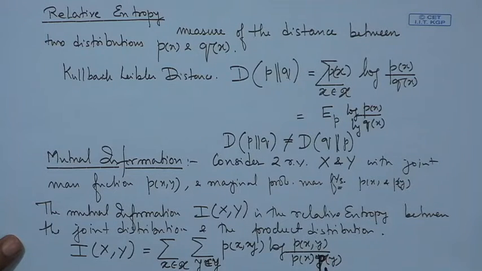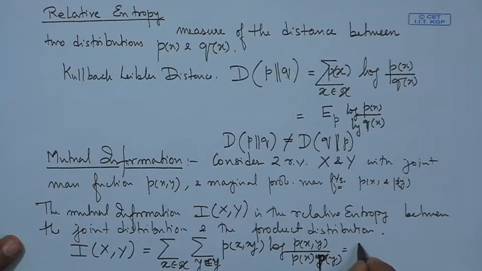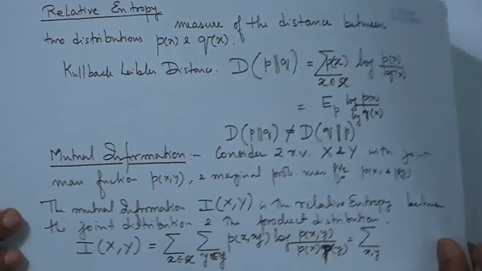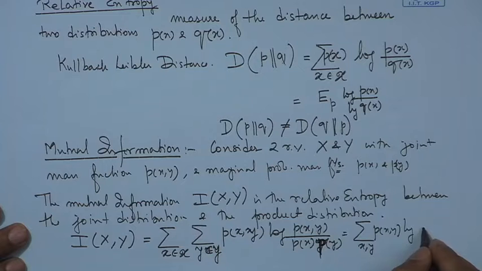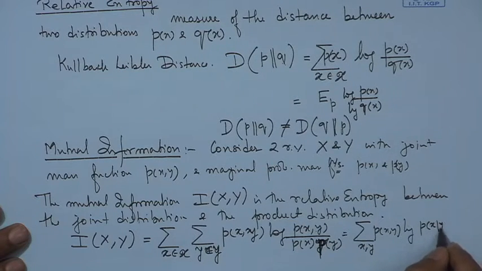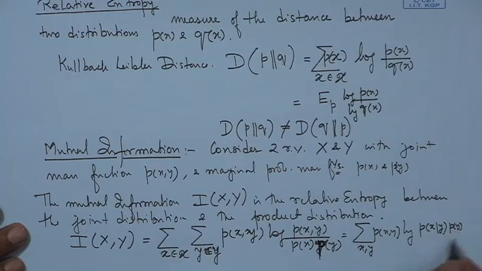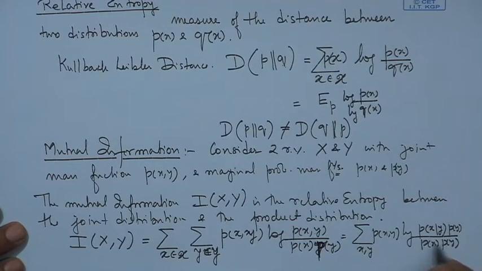And some of the things you could get clear, that this could be expanded easily as we could write in short, sum over xy, that means all of xy, pxy times log of p of x given y times p of y divided by p of x times p of y. P of y and p of y cancel.